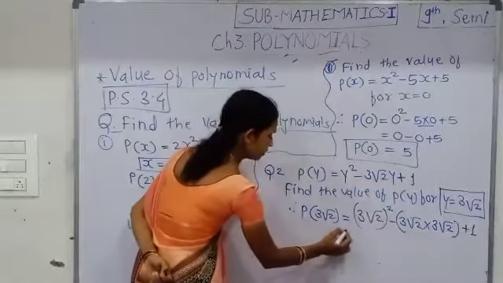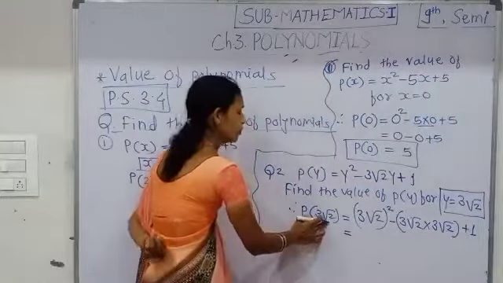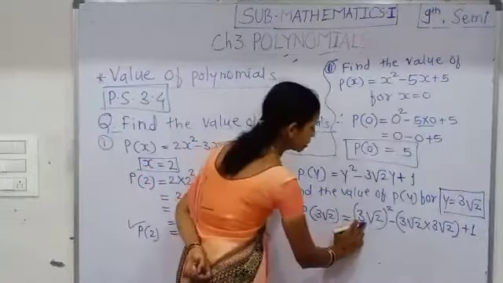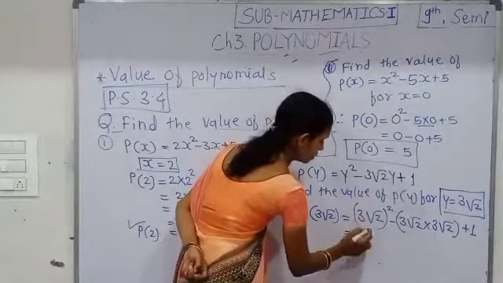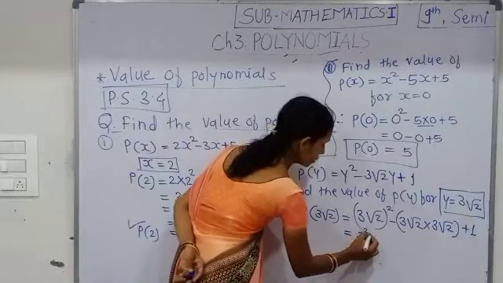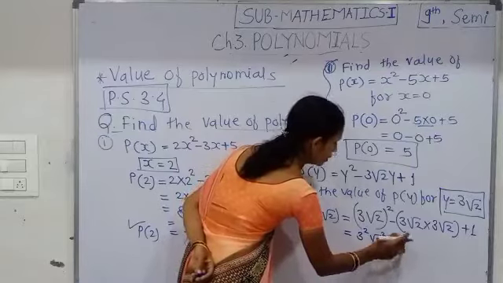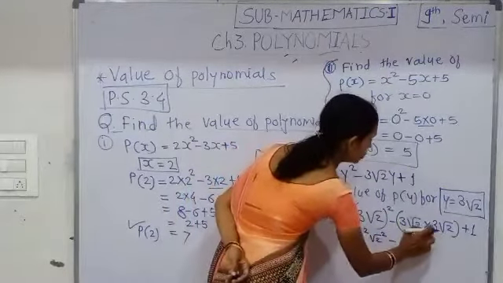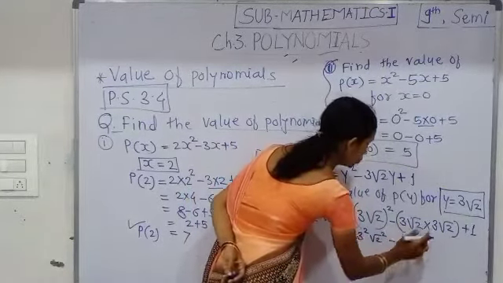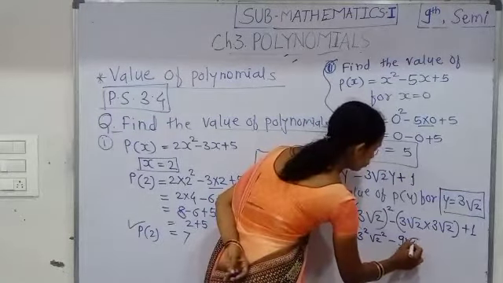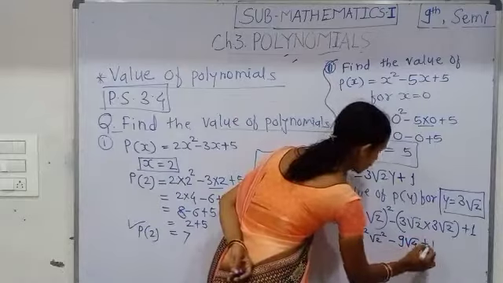Then see here, the value of the polynomial for y equal to 3 root 2 is (3 root 2) square. Therefore 3 square into root 2 square, minus 3 root 2 into 3 root 2, that means 3 into 3, 9, root 2 into root 2, that is root 4, plus 1.